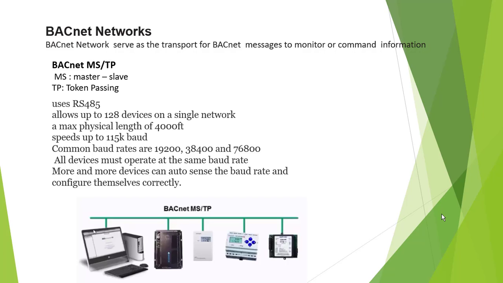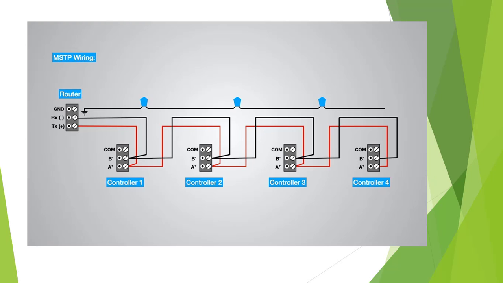If you don't know how to configure the baud rate on a device, when you install this device in the BACnet network, it automatically assigns the same baud rate as the network. This is MSTP, how RS485 communicates.